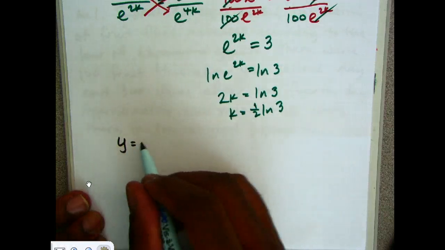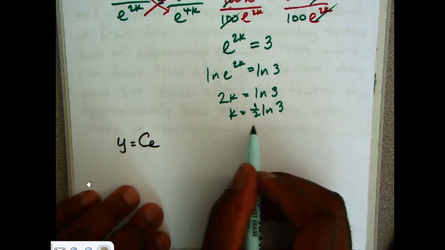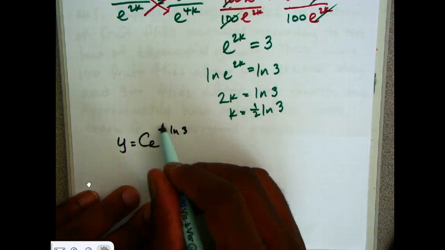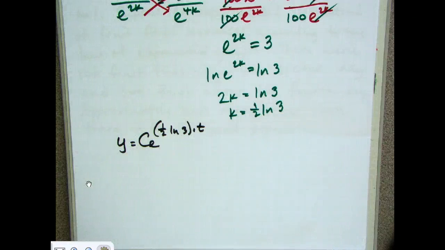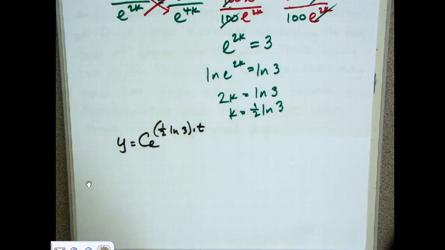So we know that y is equal to ce to the kt, but k is 1/2 natural log of 3 times t. Okay, at this point we can use either the 100 or the 300 to help us solve for c, and it should come out to be the same answer.